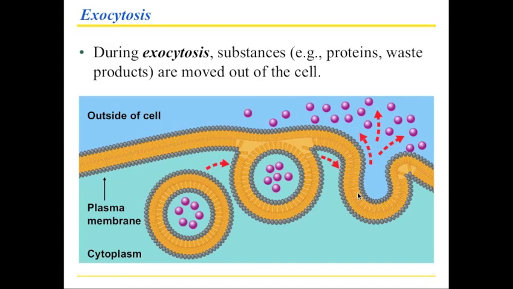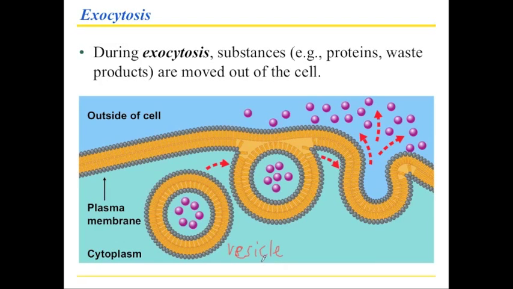There are two main ways to move things into and out of the cell. One of these is exocytosis. That's how you move things out of the cell. And exocytosis includes, as you can see here, some kind of little vesicle. These vesicles are the things that we described earlier in chapter 4. And one of the things we said is these are the kind of things that transport protein precursors from the ER to the Golgi apparatus.